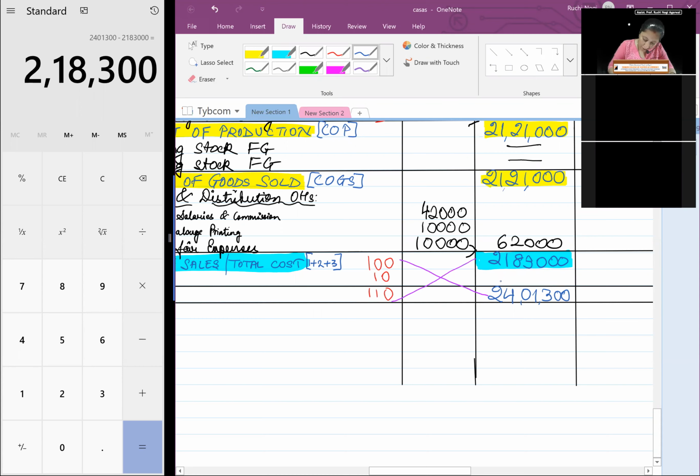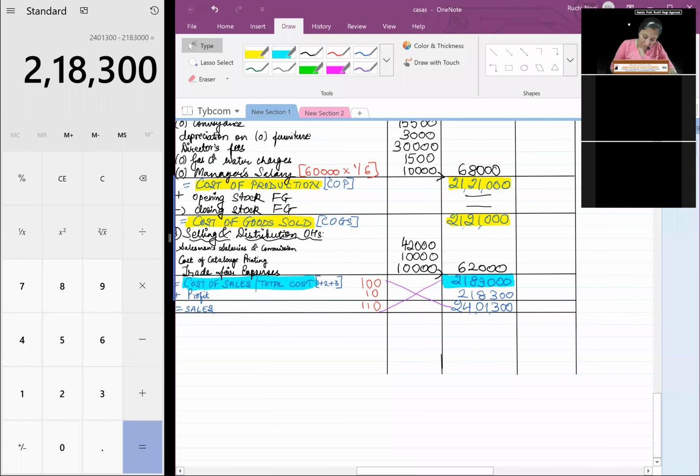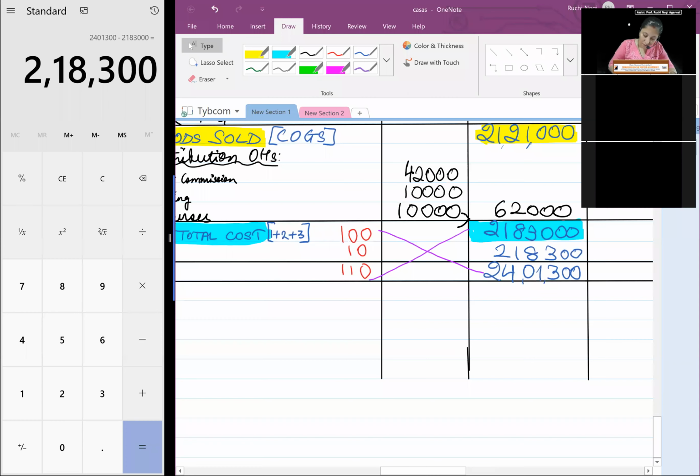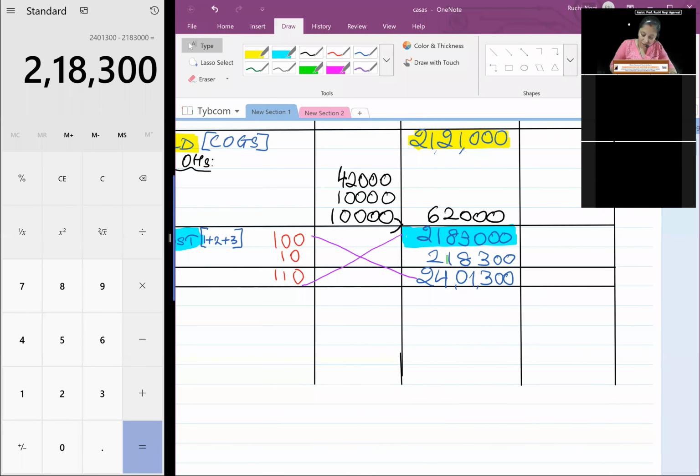I'm giving your attendance also simultaneously. This is the profit. This is sales. Twenty-one lakh 89.